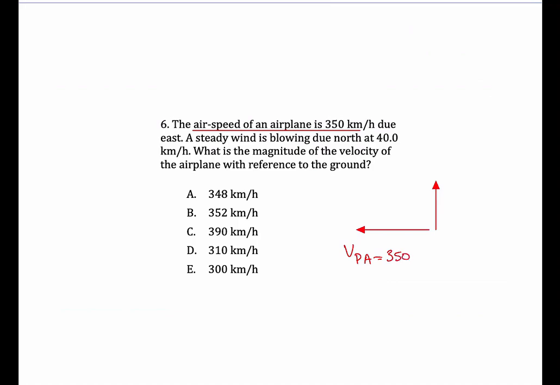Then the wind has a speed with reference to the ground, so this is the speed of the air with reference to the ground, and it is 40, and we need to find the speed of the plane with respect to the ground.